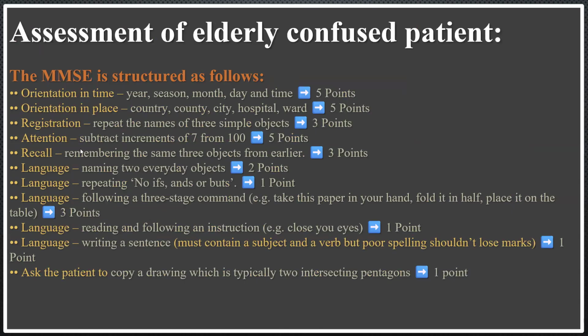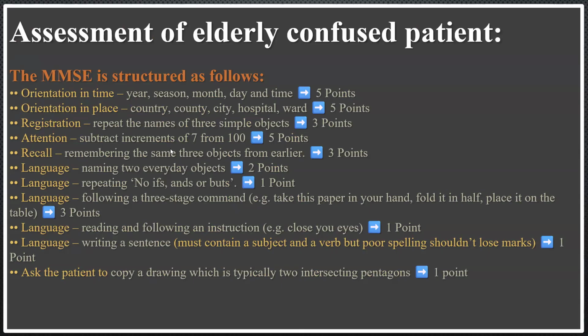I don't know, or I cannot recall, or I cannot subtract. So time, he doesn't know. 5 points missed. Can't place, 5 points missed. And the registration, he cannot remember. Subtraction, he cannot subtract.